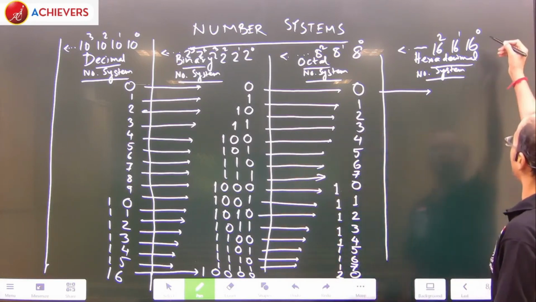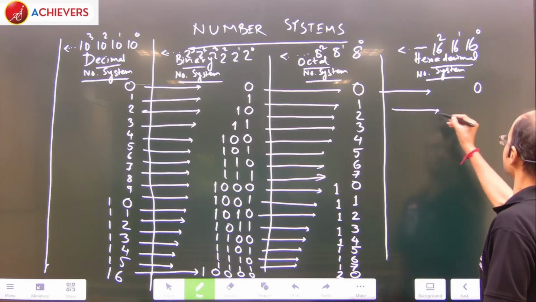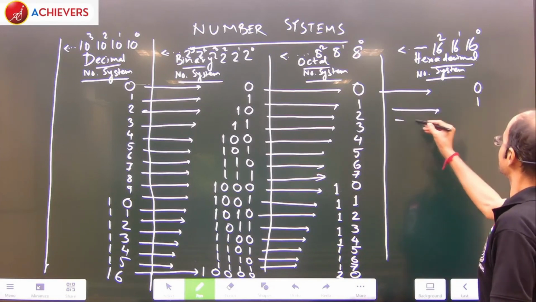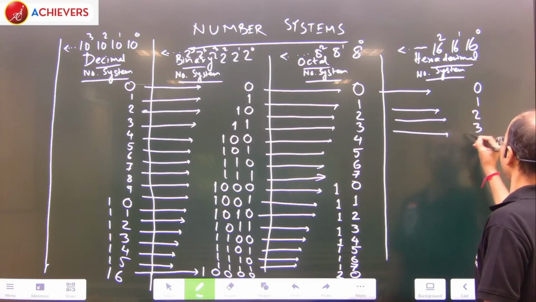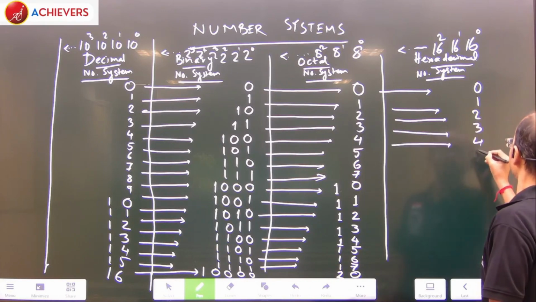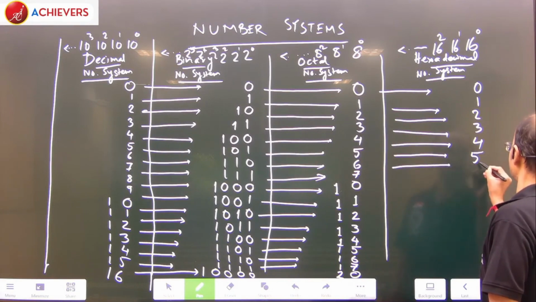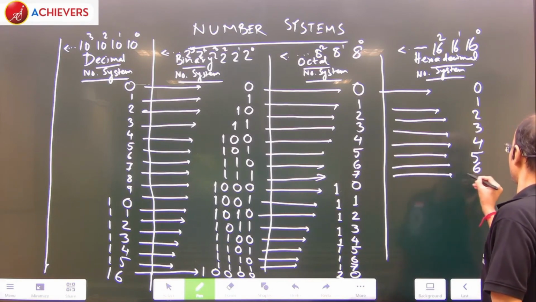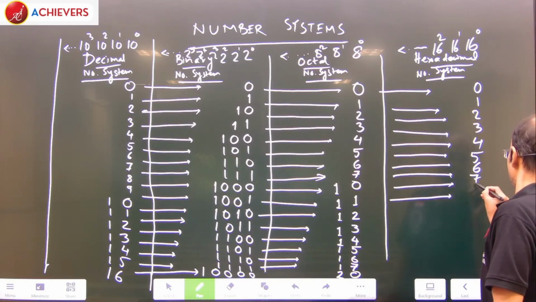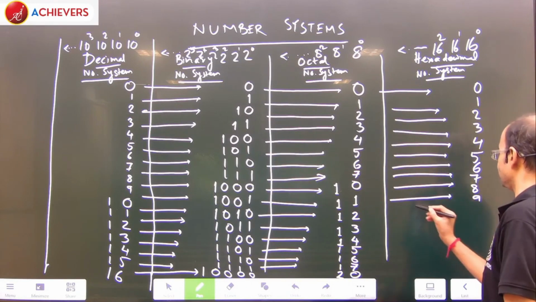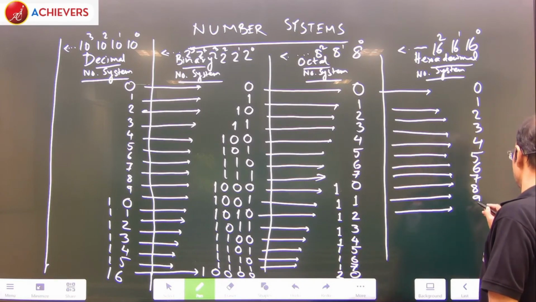So 16 to the power 0 is 0, 1, 2, 3, 4, 5, 6, 7, 8, 9, 10.